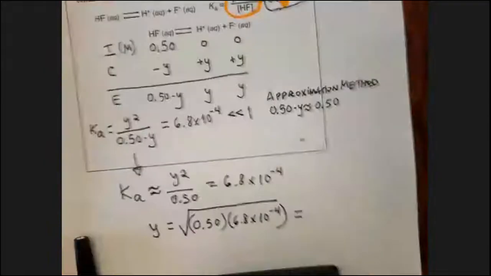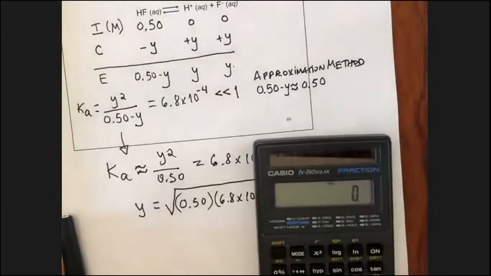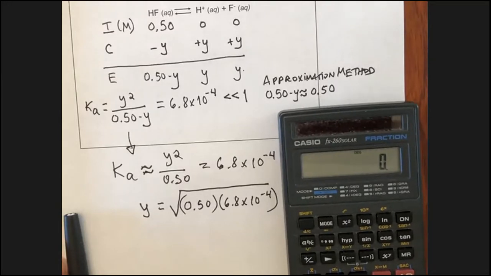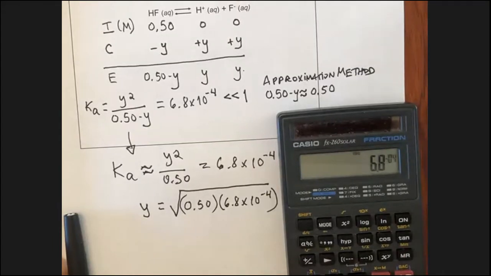And if I have my calculator here, we can do this. So I have 0.5 times 6.8 to the minus 4.